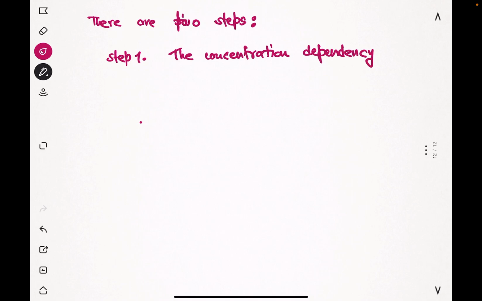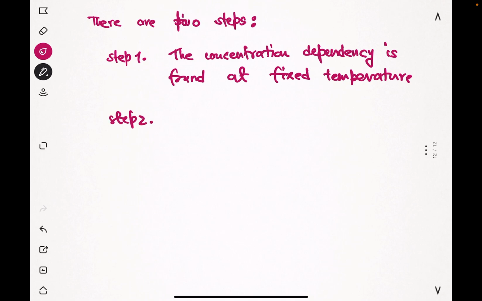So we have to find out this at a fixed temperature. Basically we fix the temperature of the experiment, and then we conduct a series of studies to figure out how the rate varies with changes in concentration. And when that is done, we move into the temperature dependent term.